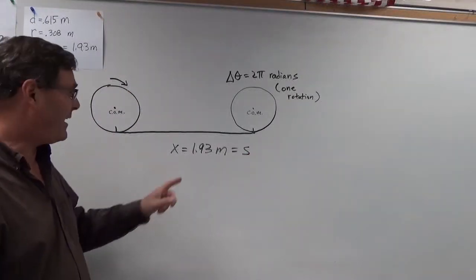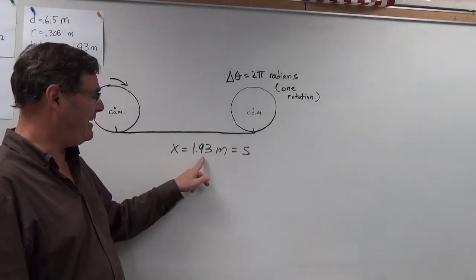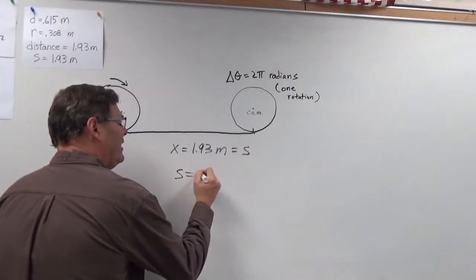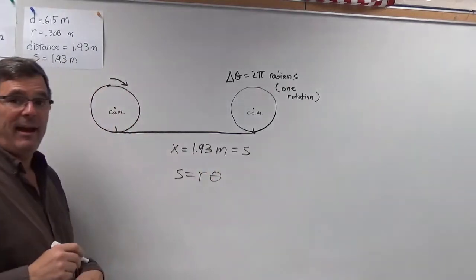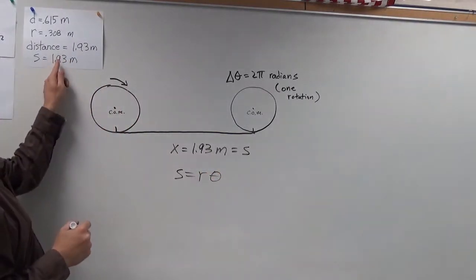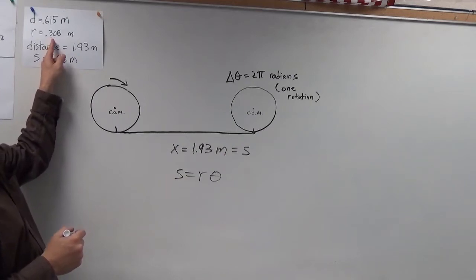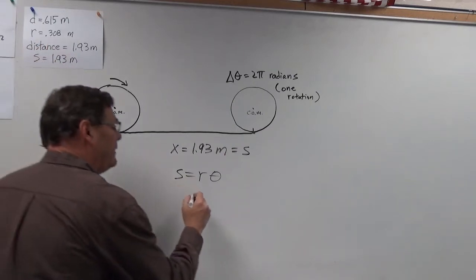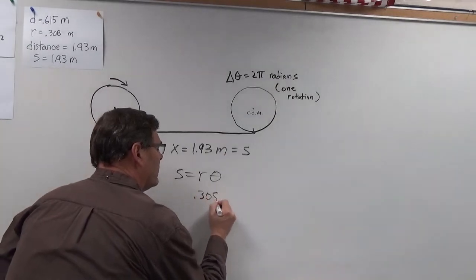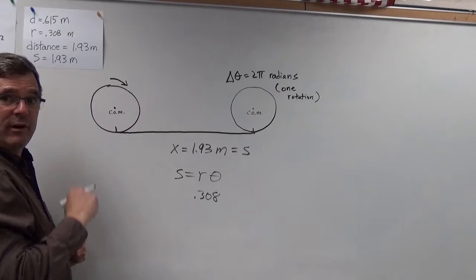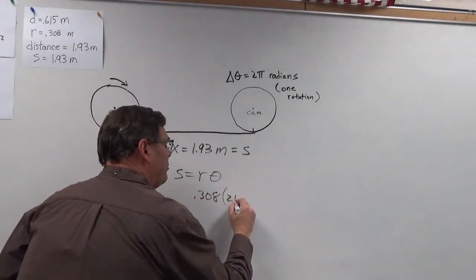We can double check that the arc length S is equal to the distance traveled by using S equals r theta, and we know we measured the radius of the bike tire to be 0.308, and the angle that the wheel rolls through during one rotation is 2 pi.